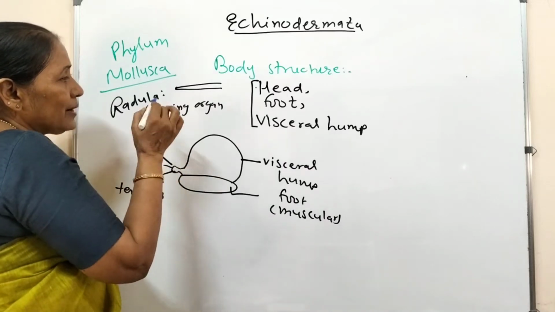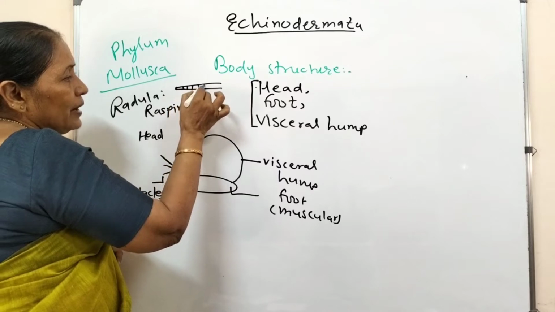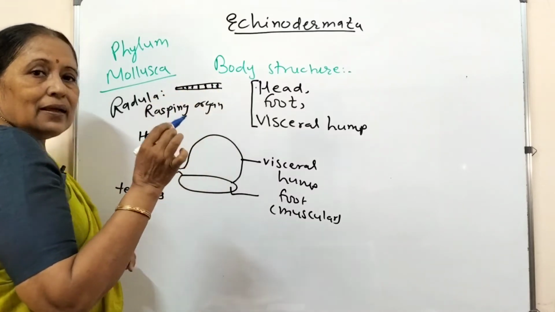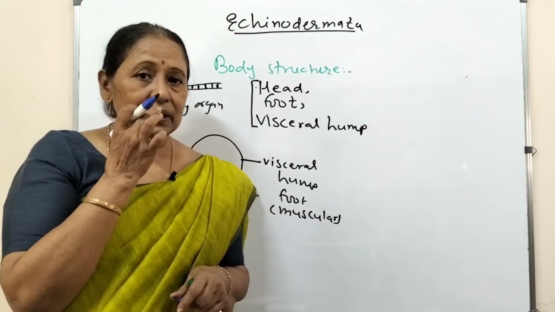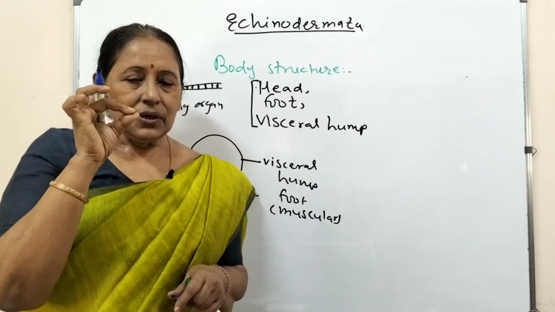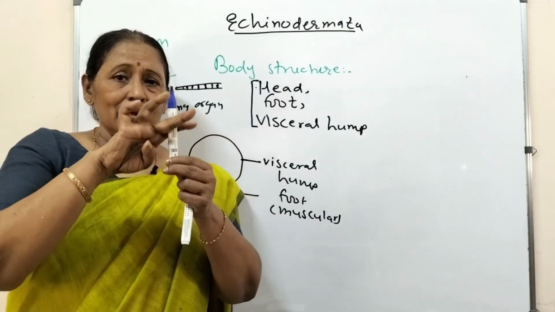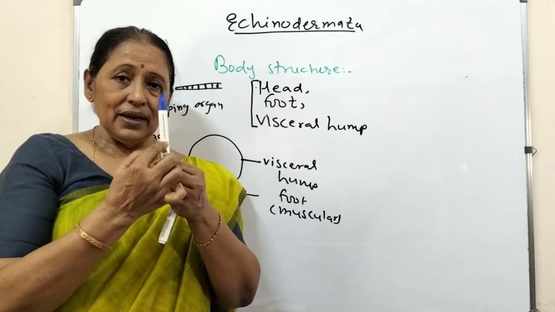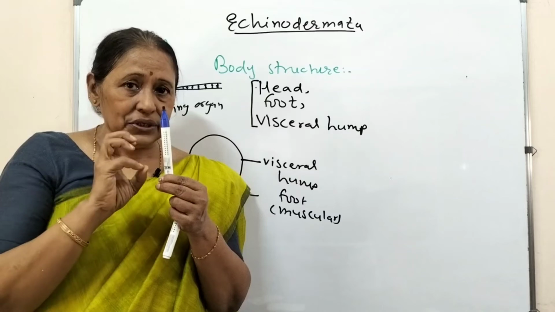On this chitinous plate, there are transversely arranged sharp teeth-like structures. For example, we have teeth, one in the upper jaw, one in the lower jaw, and our jaws only move in this direction, so we can cut the things which come in between. But here, suppose this is radula and it is having transversely arranged spiny teeth-like structures.